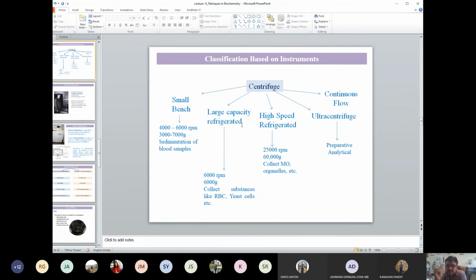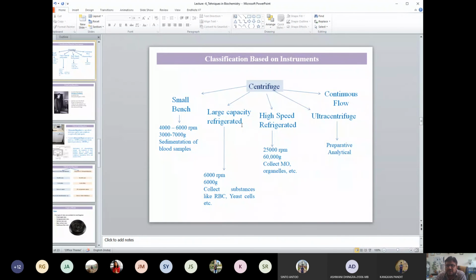In all those cases, we are using a high speed refrigerated centrifuge, even for the extraction of protein, even for proteomic characterization. So for most of the routine work in our lab for molecular biology and proteomics, we prefer to use a high speed refrigerated centrifuge having an RPM up to 25,000 and RCF of 60,000 G.